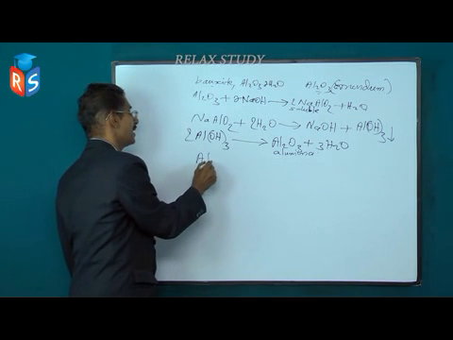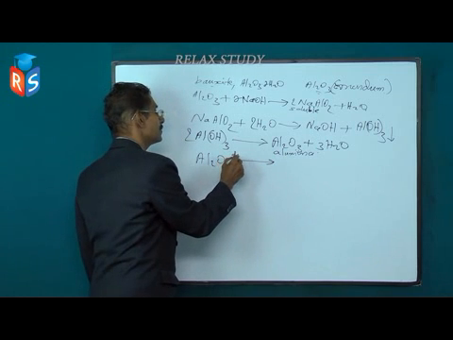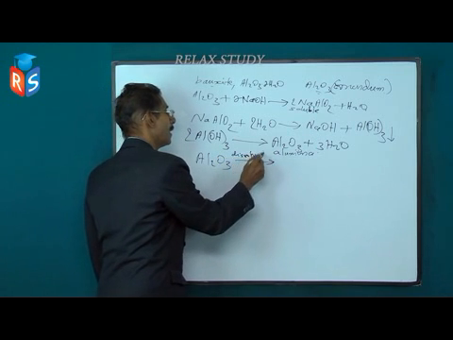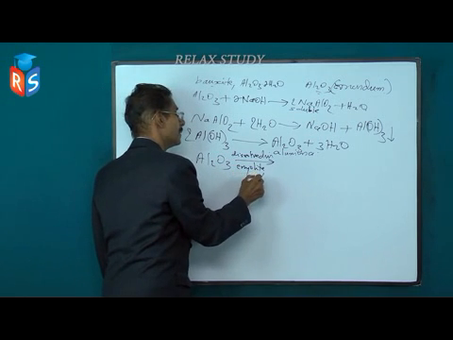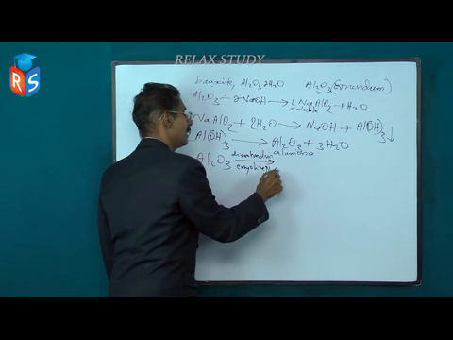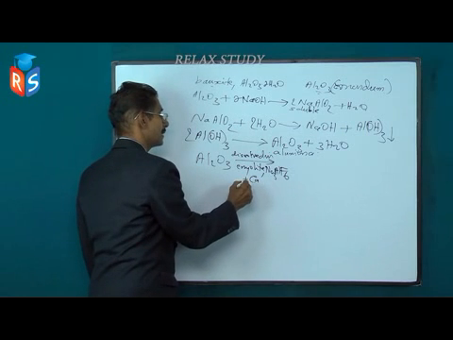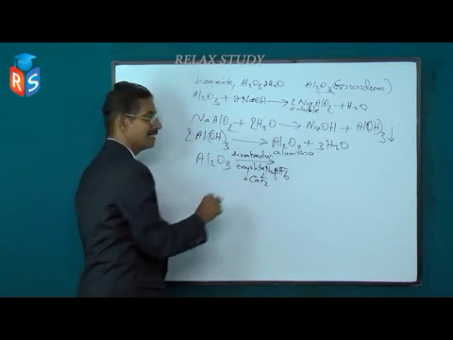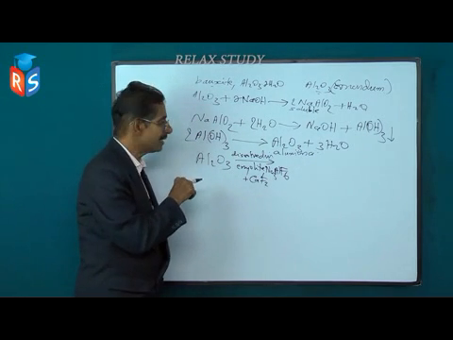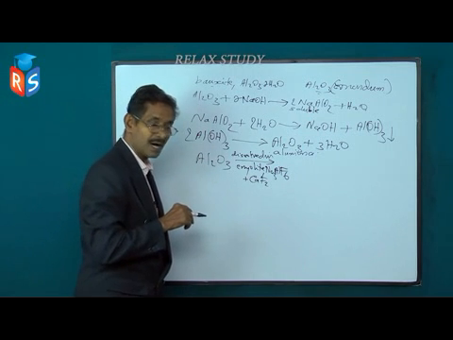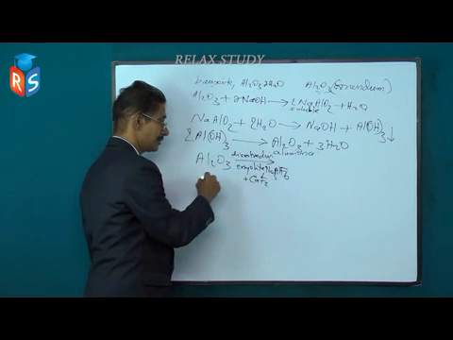Al2O3 is dissolved in molten cryolite, that is Na3AlF6, with some calcium fluoride, and the melting point is brought down from 2000 degrees Celsius to approximately 900 degrees Celsius, and the decomposition takes place.